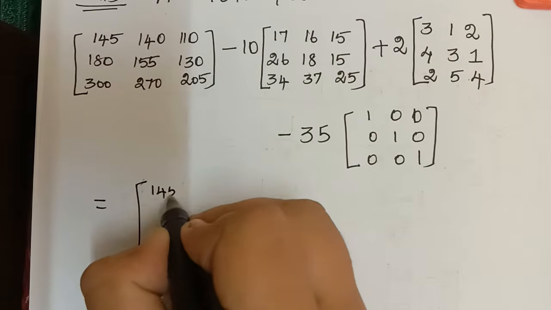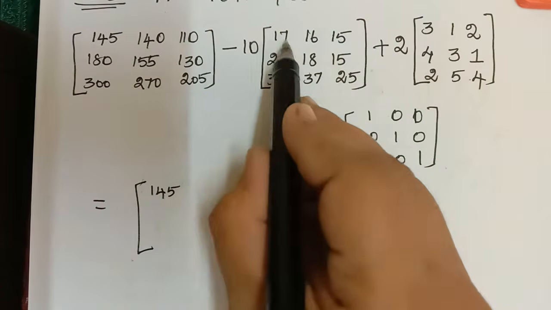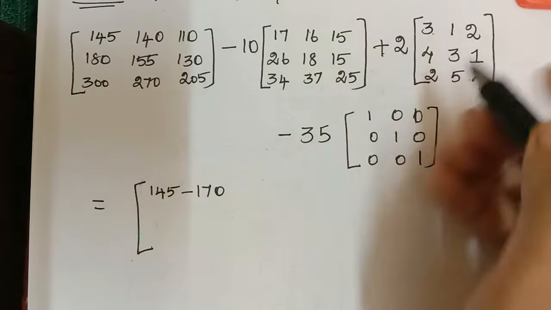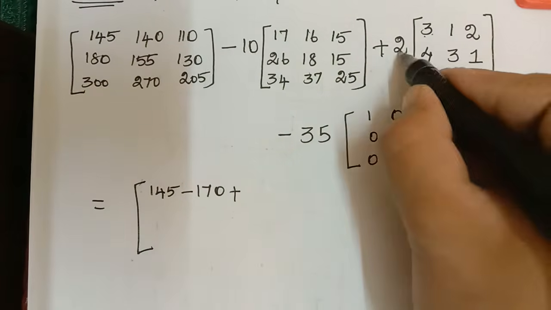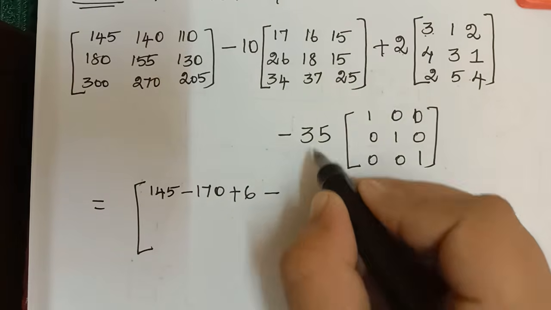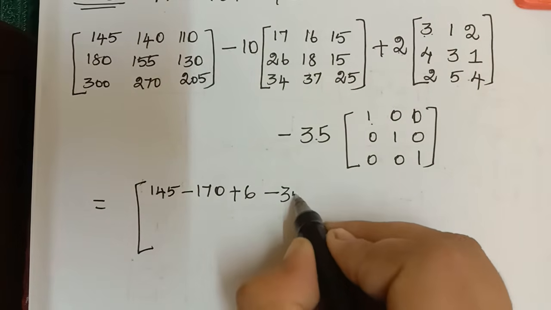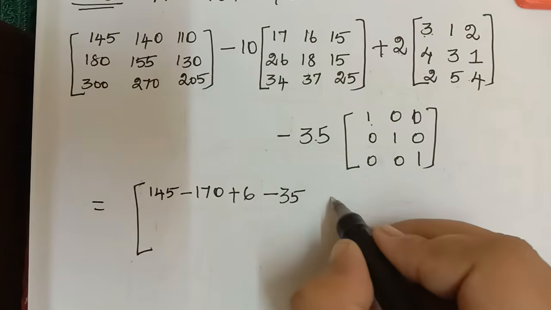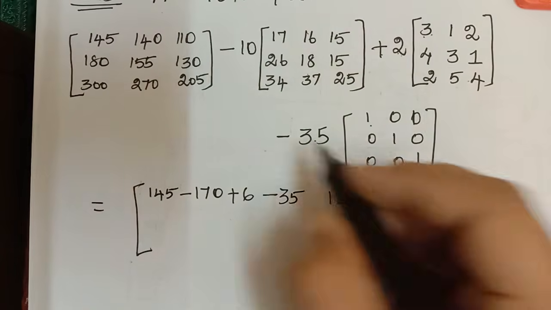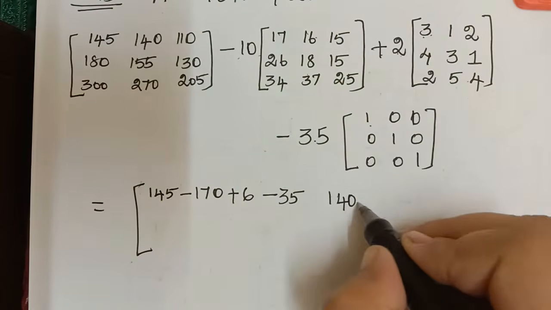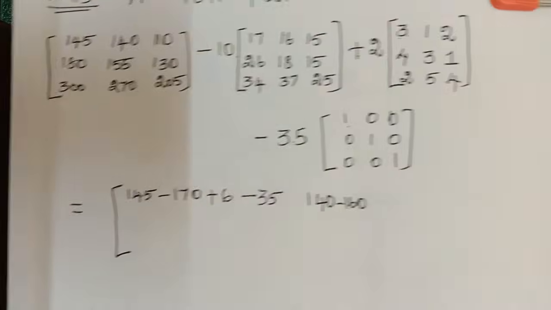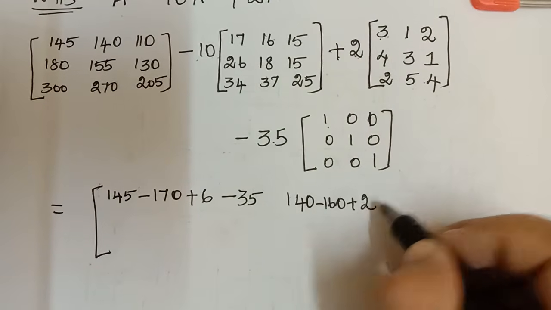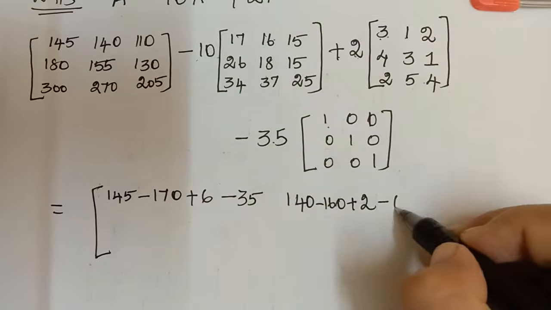So it is 145 minus 10 into 17, so minus 170, plus 2 into 3, plus 3 2 times is 6, minus 35 into 1, so 35. So this is the first element. And then 140, second element, 140 minus 160, okay, and then we have plus 2 into 1, so plus 2, minus 35 into 0 is 0.